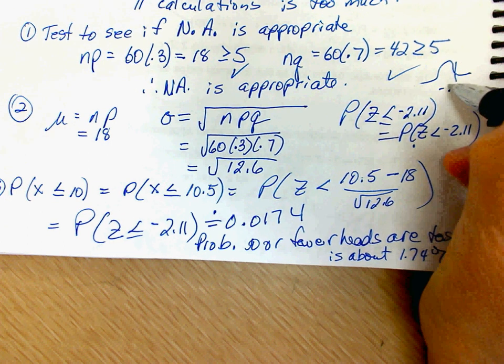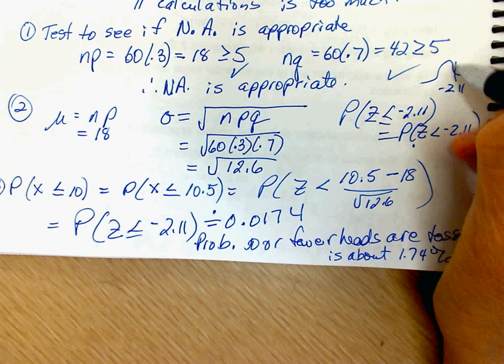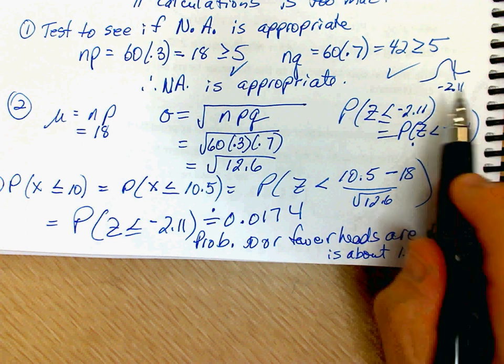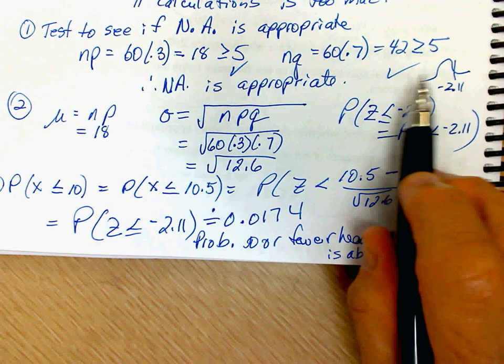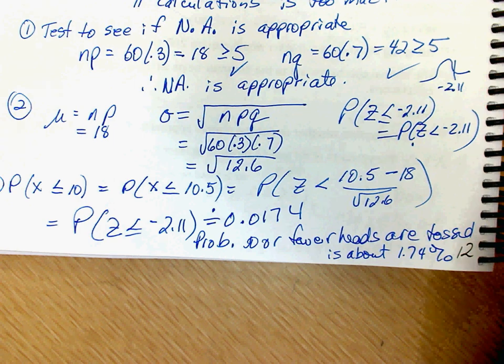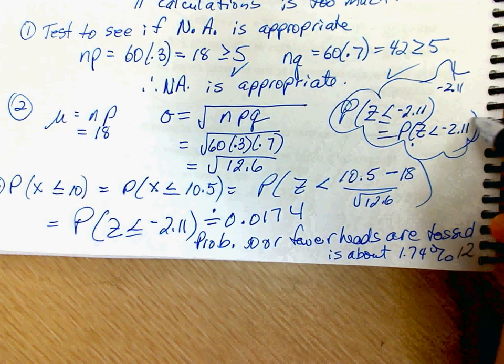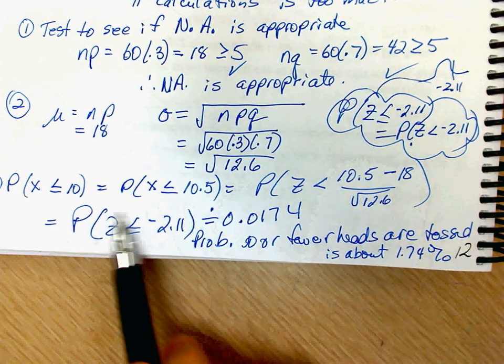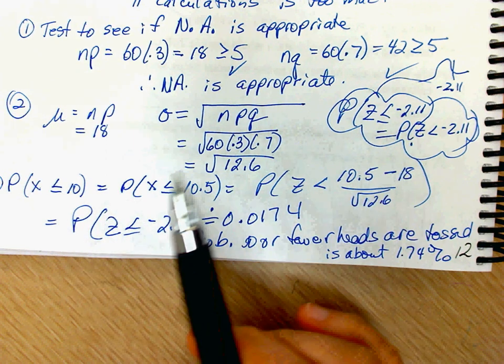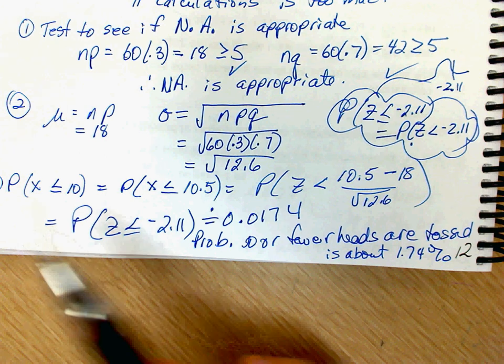So that area under a single point is 0. To find areas, we need an interval. We need to go from a certain point to a certain point. Okay? So if you accidentally drop that equal sign, I won't care. Because it's equal, right? In this case, it's equal.